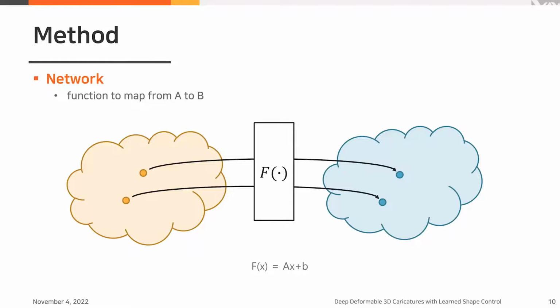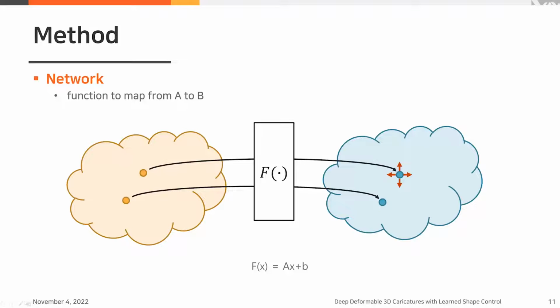Using this network, we can map all the data that belongs to the orange space to certain points in the blue space. And based on this F network, you might want to move around within this mapped blue space.